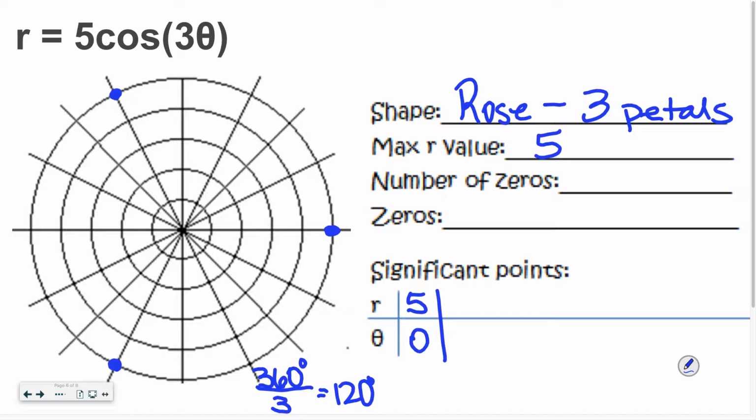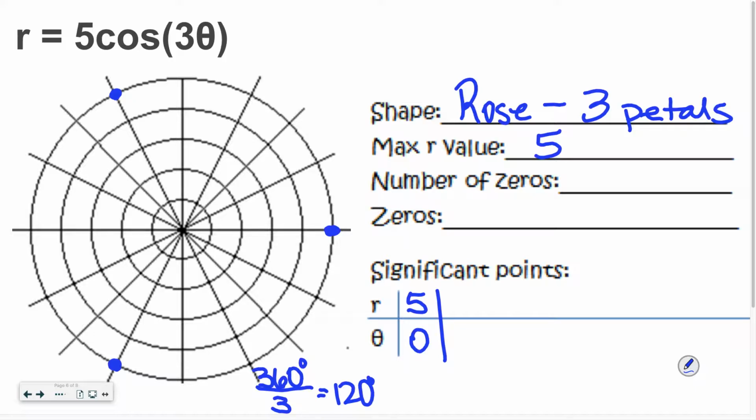Now we can connect the dots, but don't do it yet. Let's just review. I know where my first petal is. I took 360 or 2 pi, divided it by the number of petals, so I would know how far apart they are. Now, everybody watch me draw. This is where we're beginning.